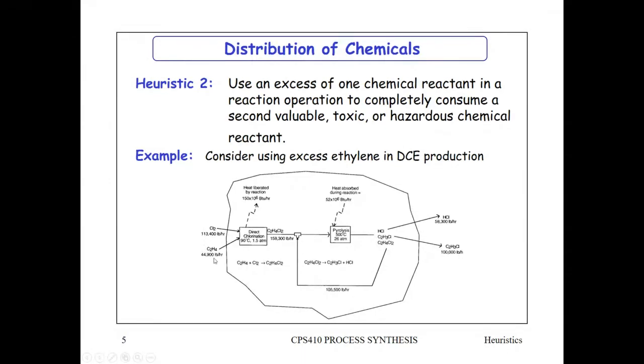So having an excess of ethylene will keep the rate high and make sure that all of the chlorine gets used up. As soon as you have an excess of the one component, it will push the reaction rate so that you have a corresponding decrease in the concentration of the other reactant at the end of your reactor.